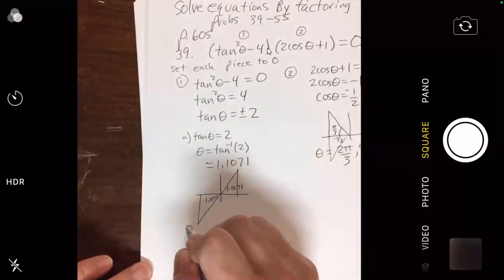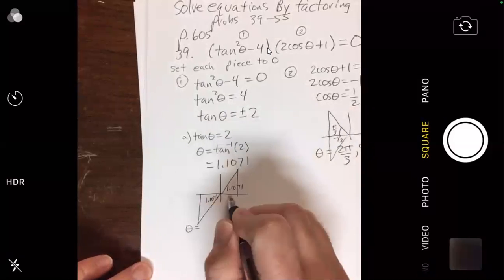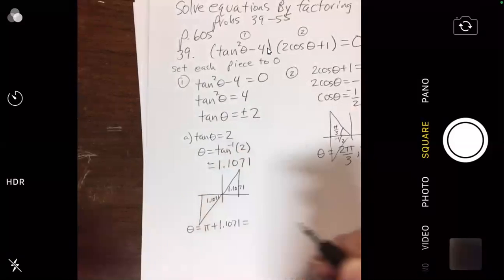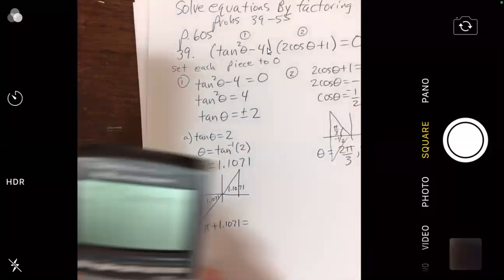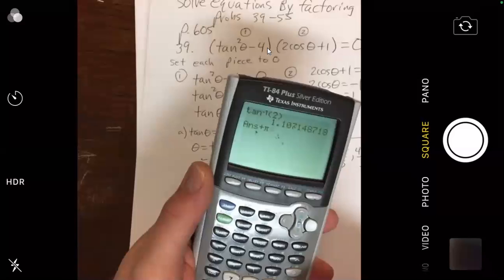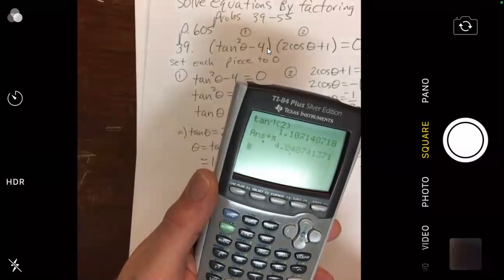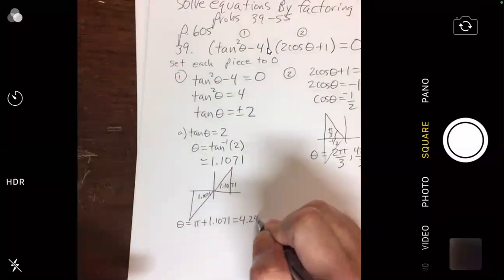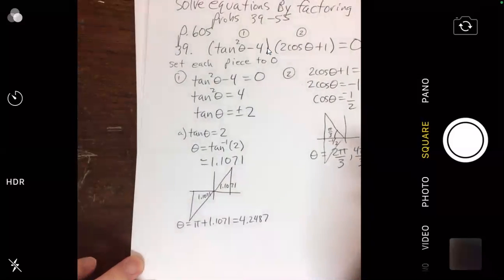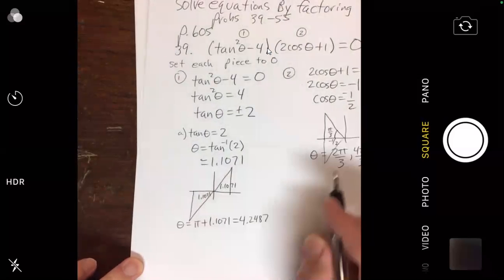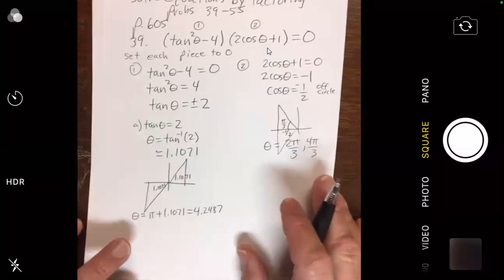So your second angle would be pi plus 1.1071. I can just take this and add pi. 4.2487. And then you got to play the same game with now 1, 2, 3, 4 answers. We'll check in the book, see how many they actually write down.